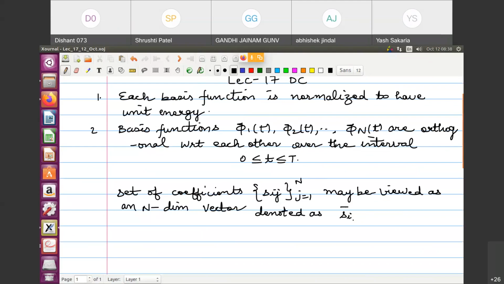Now it becomes a vector. This is an N-dimensional vector, the elements being Sij, j running from 1 to N.